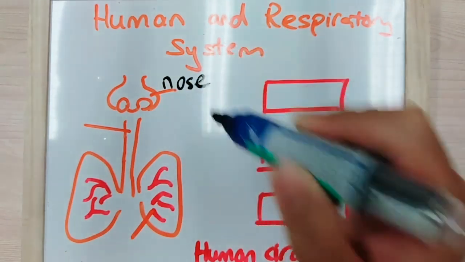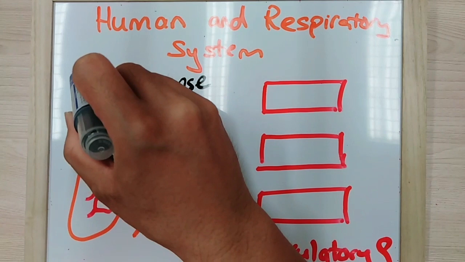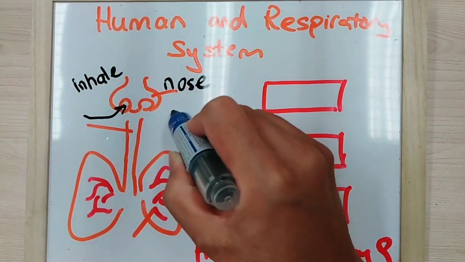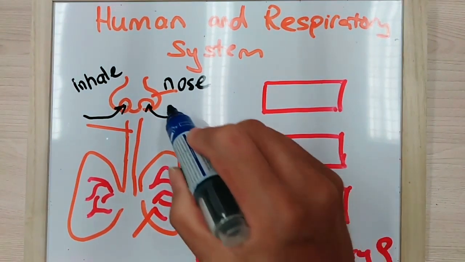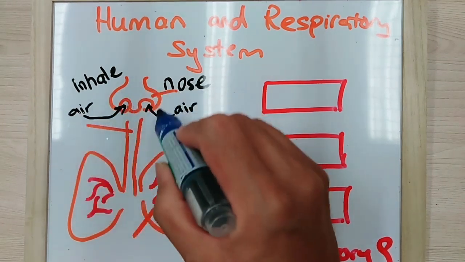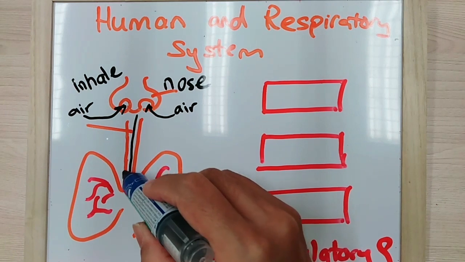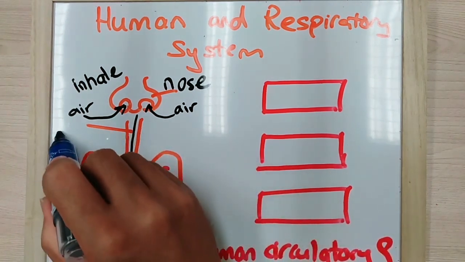So what happens is that we will inhale, and when we inhale, we take in air through our nostrils, and the air that goes in will go all the way down this part, and this part is known as the windpipe.